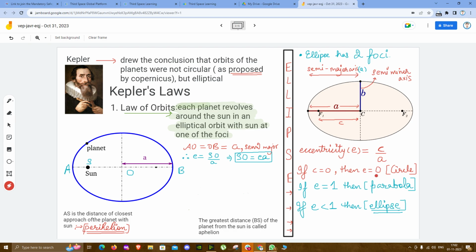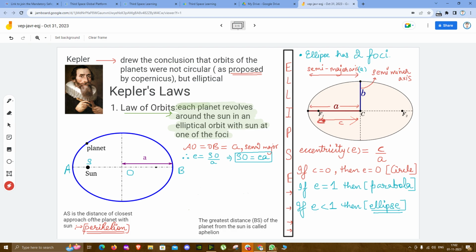So this is the definition of eccentricity. It's a ratio. See how we will make some changes in A or C to really see what figure will emerge. So let's say C is 0.